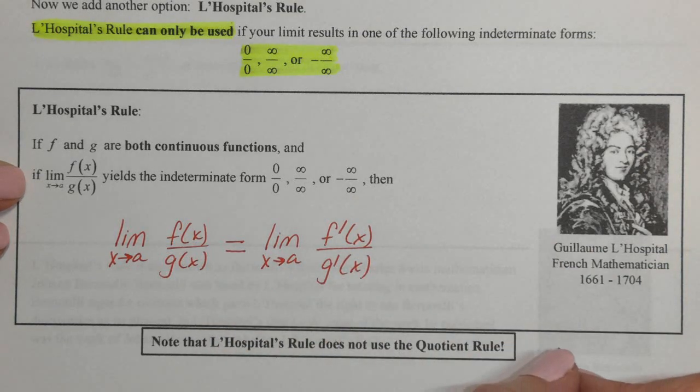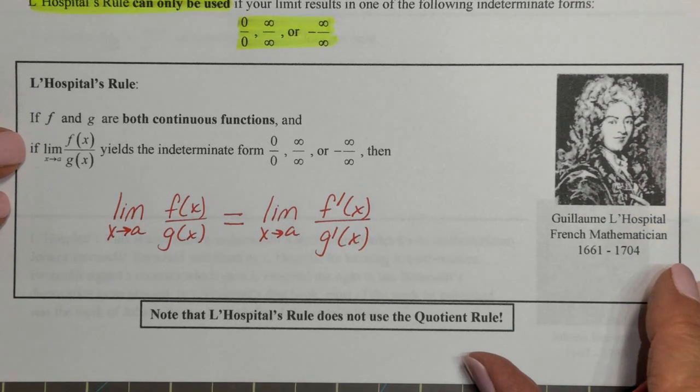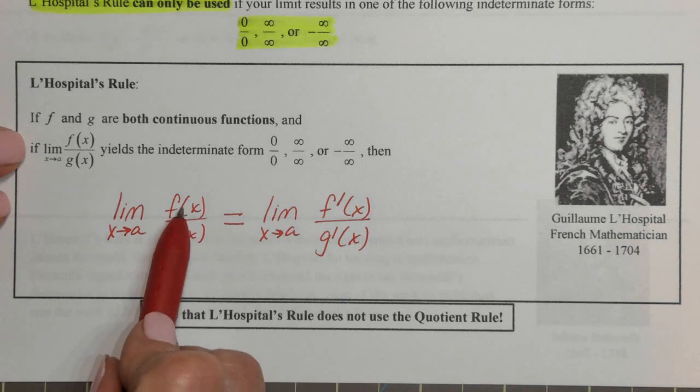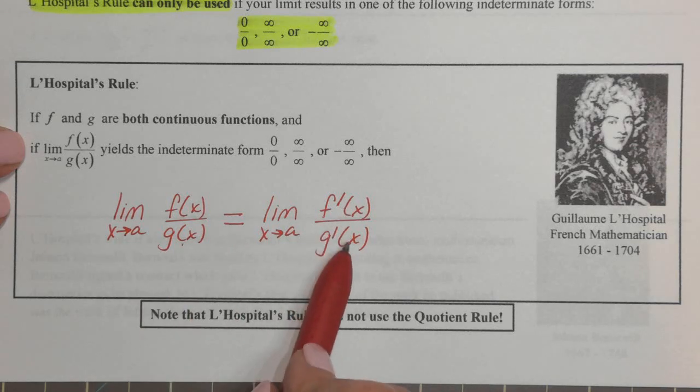That is L'Hôpital's rule. Notice that L'Hôpital's rule is not the quotient rule. It does not apply the quotient rule. It treats the numerator and the denominator separately.